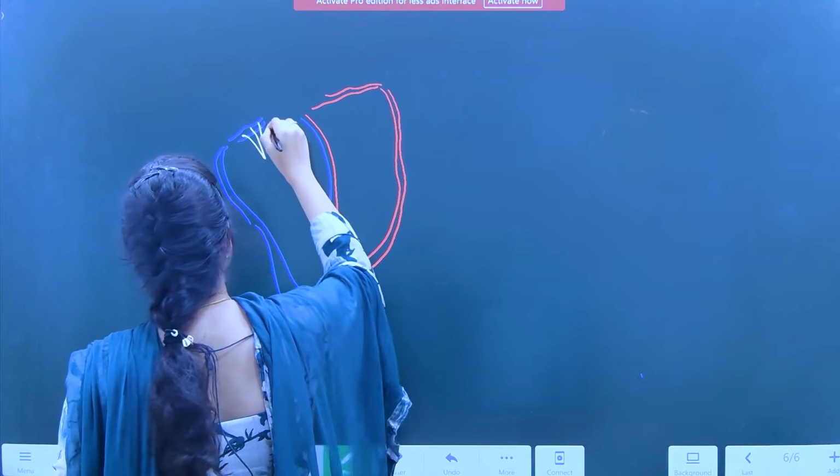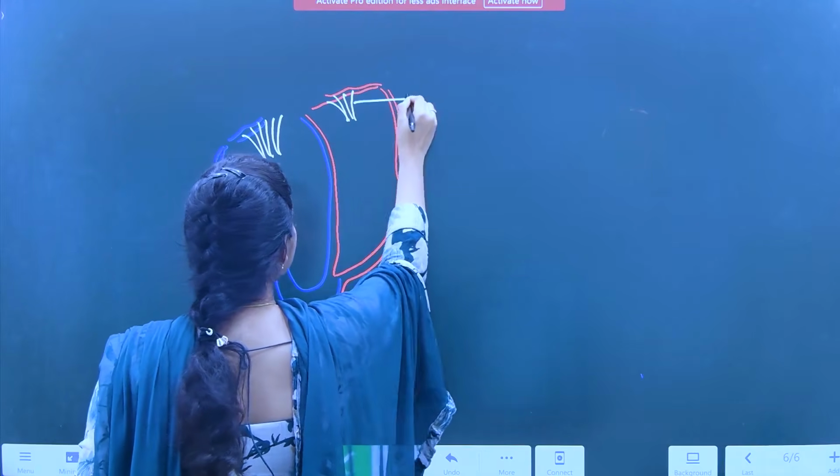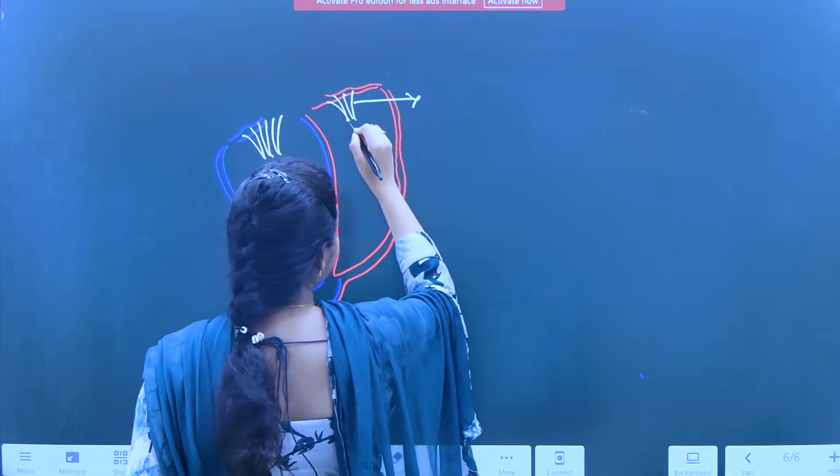Okay, so it is like this. Where are these valves present? These valves are present on the AV septum, so they are together called AV valves.